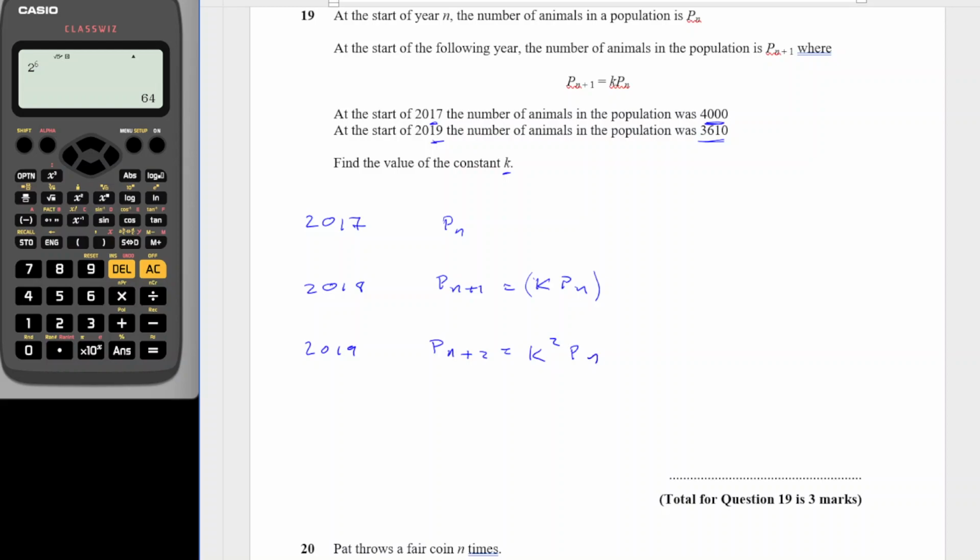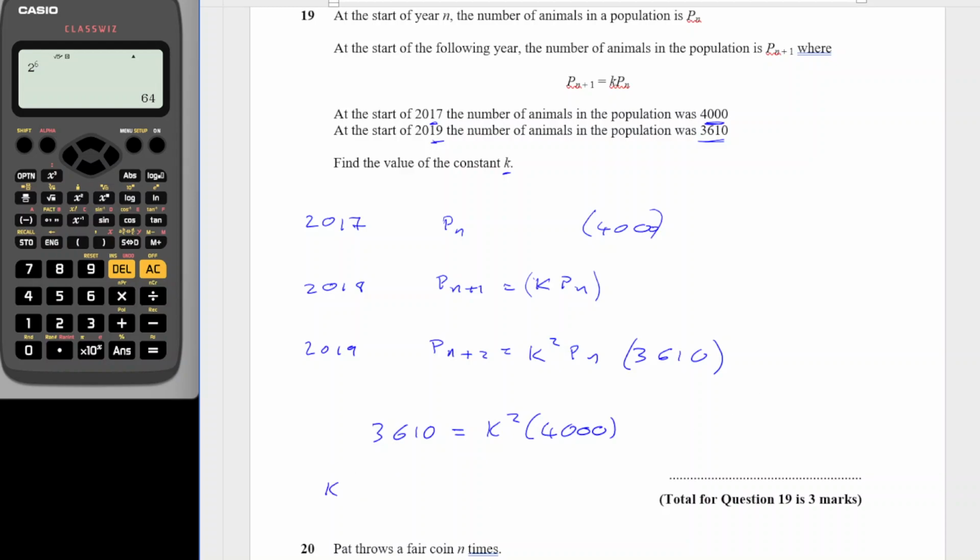And then we're given these two figures. So in effect, we're saying that 3,610 is going to be equal to k squared times 4,000. Just a zero there.